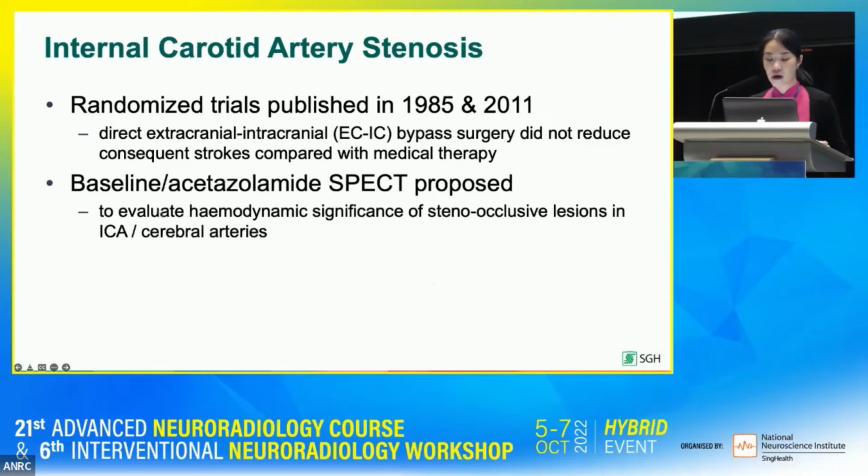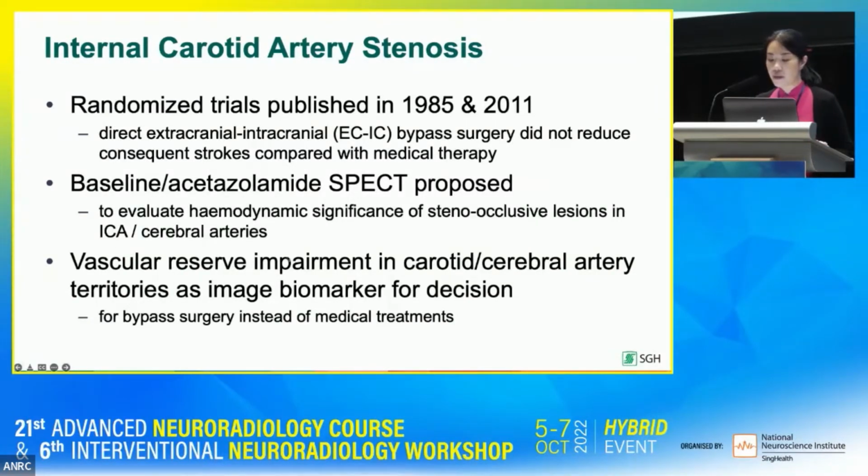Hence, it was proposed that we do a baseline and acetazolamide, a pharmacological stress SPECT study, to evaluate the hemodynamic significance of steno-occlusive lesions in the ICA and cerebral arteries, in a way similar to the myocardial perfusion imaging that we've been doing for decades to look at the functional significance of occlusion.